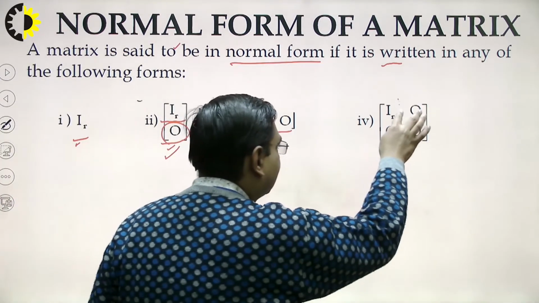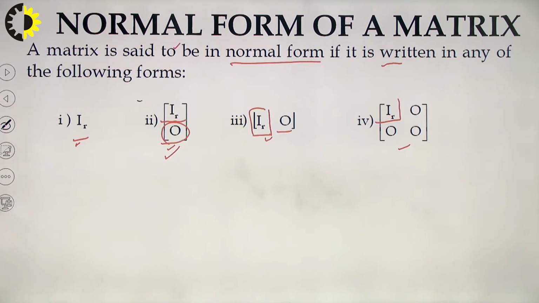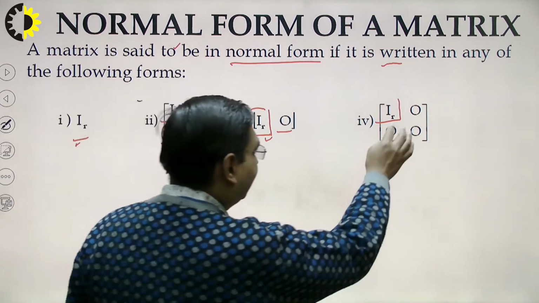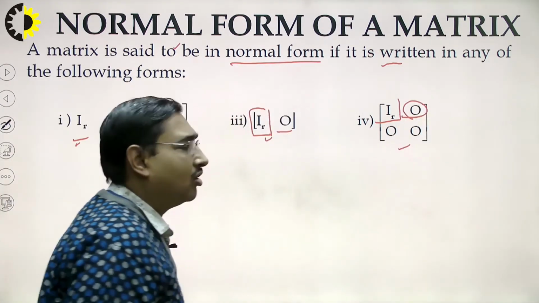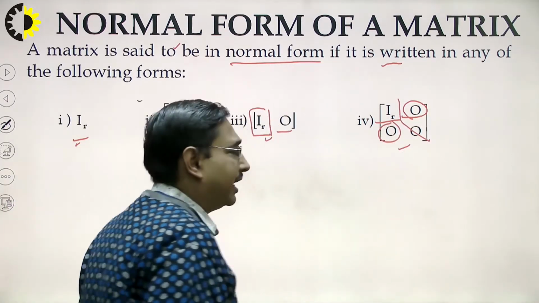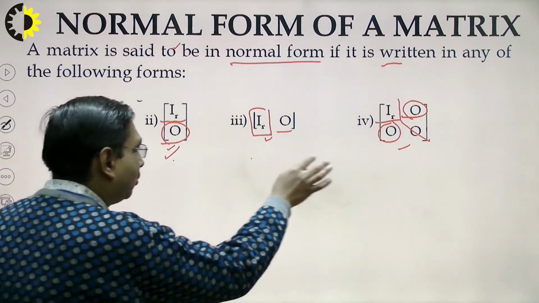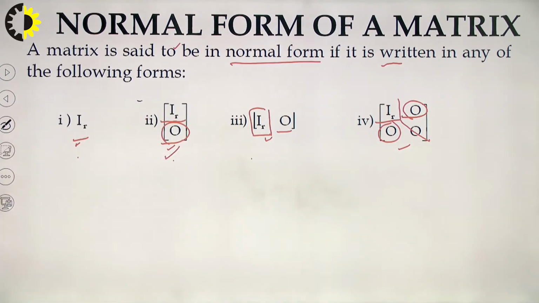This form says that the uppermost left part of the matrix has the identity matrix, and the remaining part on the right and the remaining part on the bottom as well as in the diagonal is 0. Thus, if a matrix is written in any of these four forms, then the matrix will be in normal form.